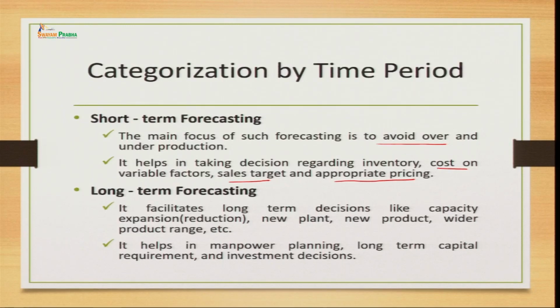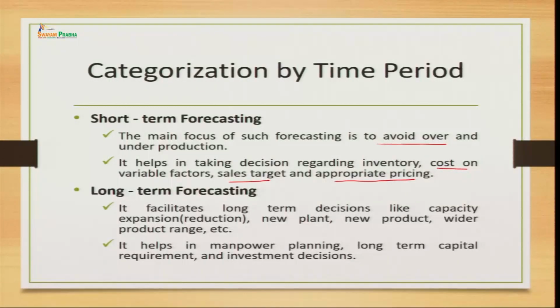And if you are forecasting the demand for a longer period, your focus will be different, because a longer period is usually more than 5 years, or maybe 3 years. That depends on what time period you are keeping into consideration. Long term forecasting focuses on decisions like increasing the capacity of your production, or, if the demand is not much, reducing your capacity and starting production of a different product.